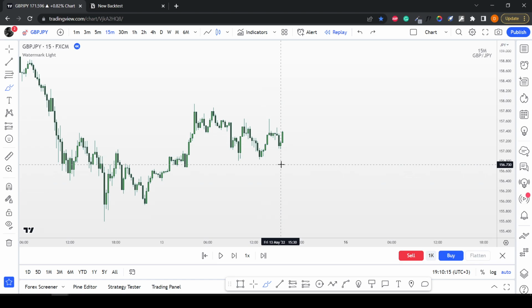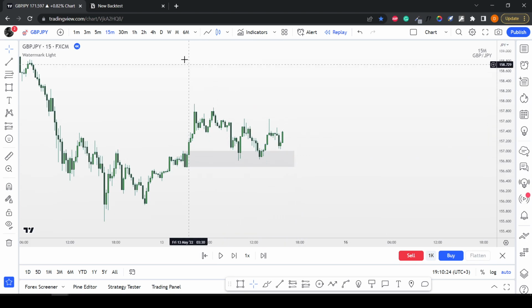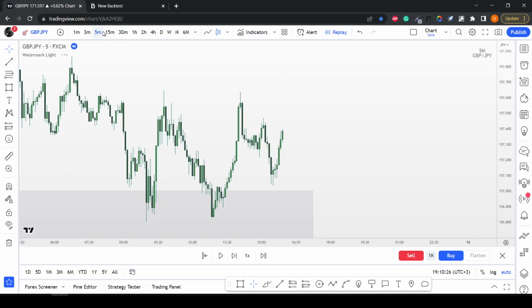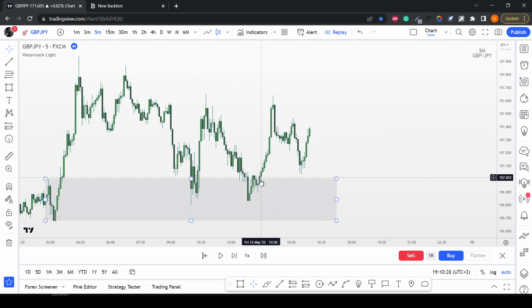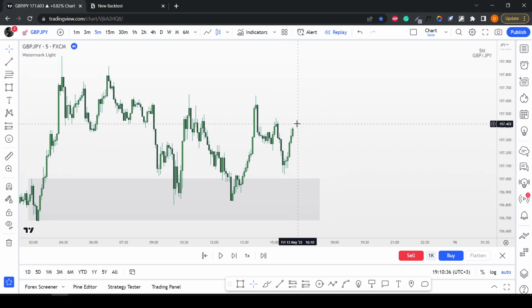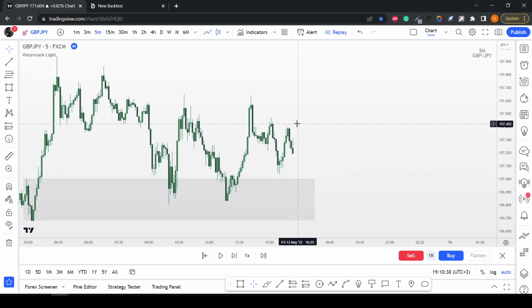So let's check the session. It's New York, so that's fine. We have this clear shift, inside structure developing, holding. So let's check 5 minutes. And 5 minutes recently created this clear shift in the range price action, so not the best option, but still okay. Let's see what it will do.